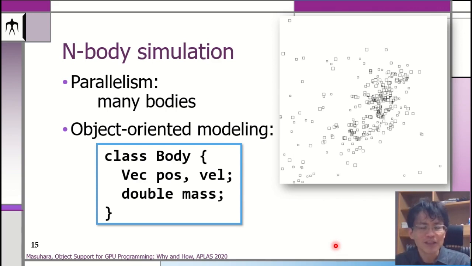Another useful concept is object-oriented modeling. We can consider each body in the system as an object that contains its position, velocity, and mass. So this is a typical example where objects can be useful when we are modeling this kind of problem.